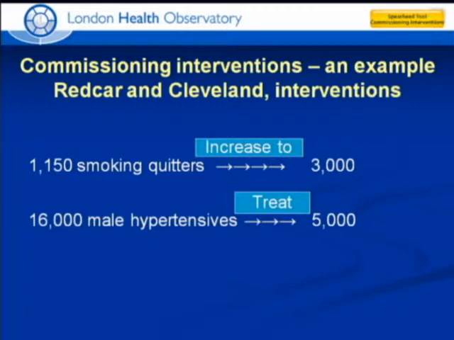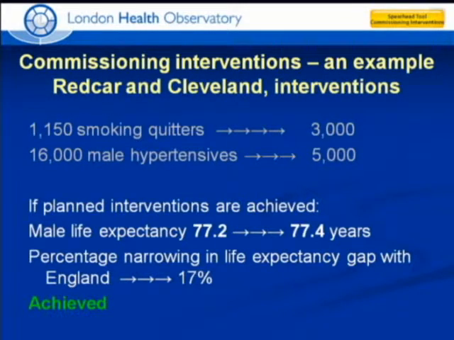So if we had 3,000 smoking quitters and treated 5,000 men with hypertension, male life expectancy in Redcar and Cleveland would increase to 77.4 years, which doesn't appear to be very much.